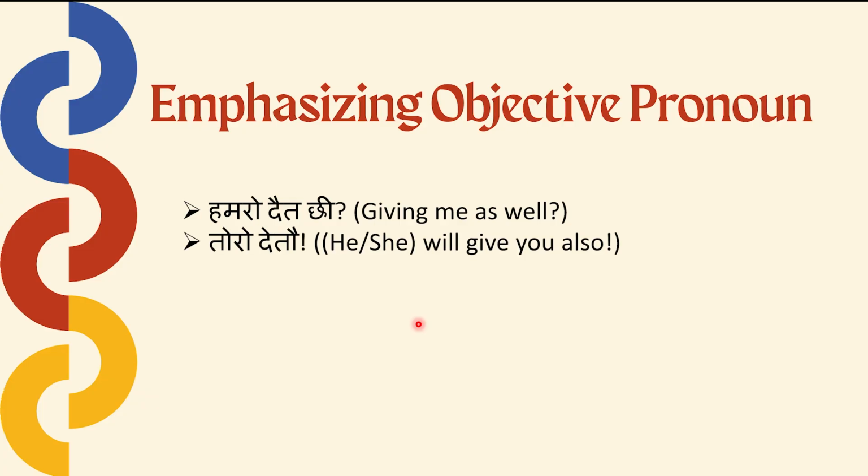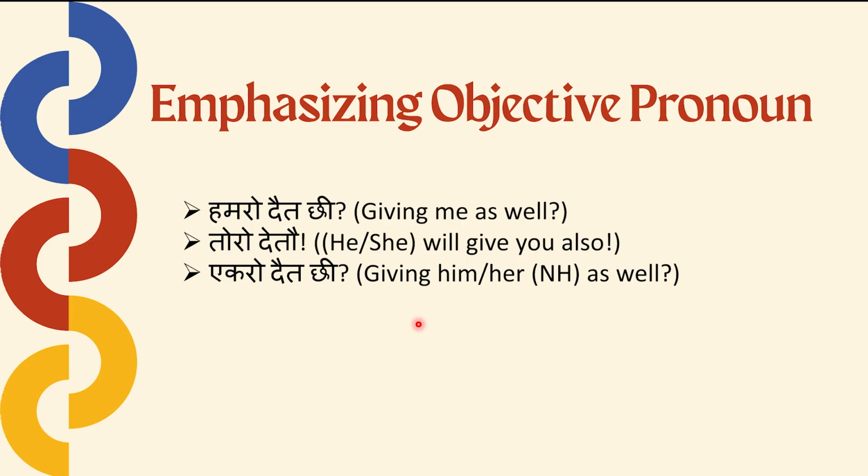Toro detau, will he or she give you too? Or toro detau, that means he will give it to you too. Ekro deit chi, are you giving him or her as well?